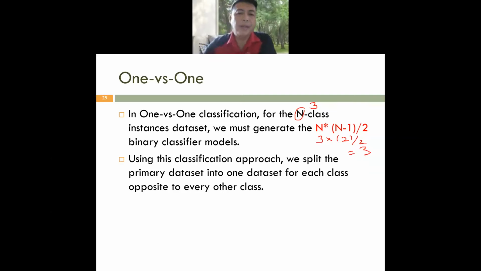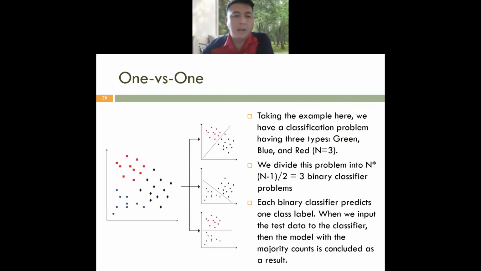Using this classification approach, we split the primary dataset into one dataset for each class opposite to every other class. For example, if we have 3 here, we will split them into 3. Each binary classifier predicts one class label when we input the test data to the classifier.